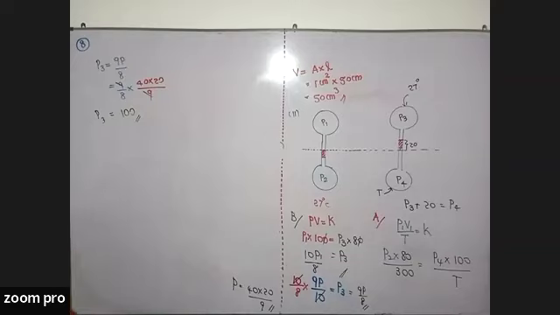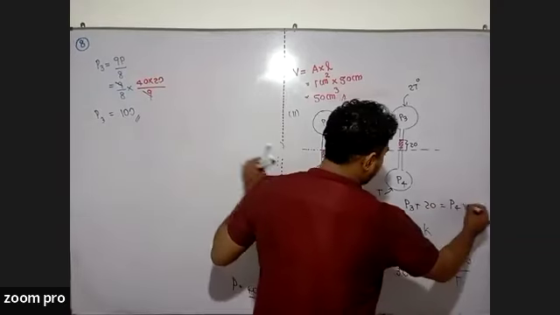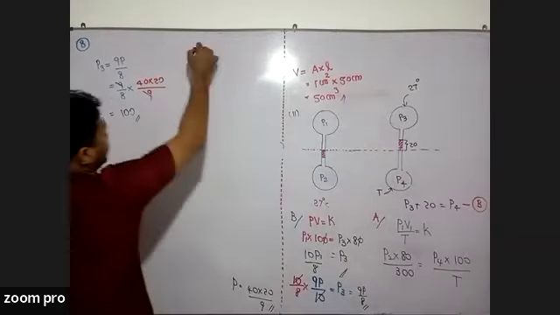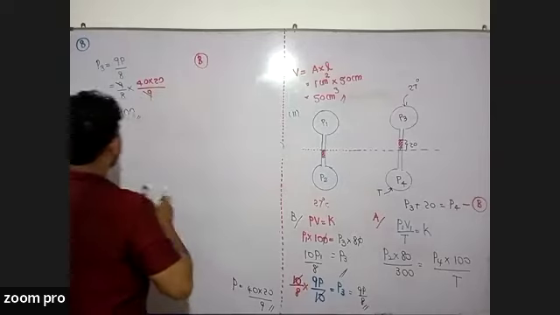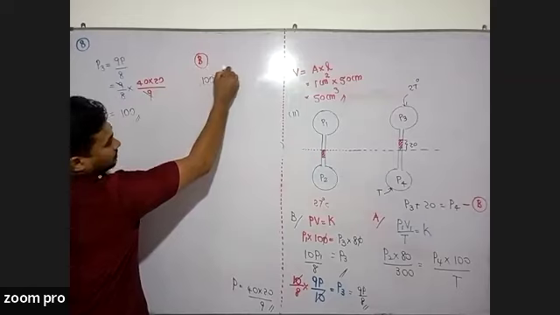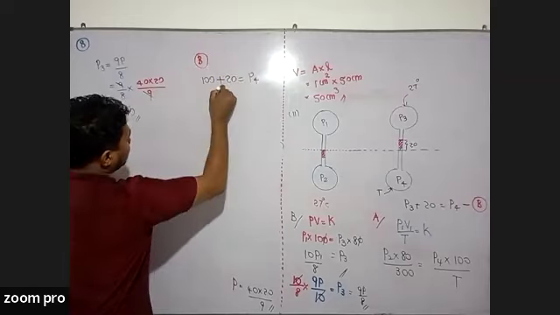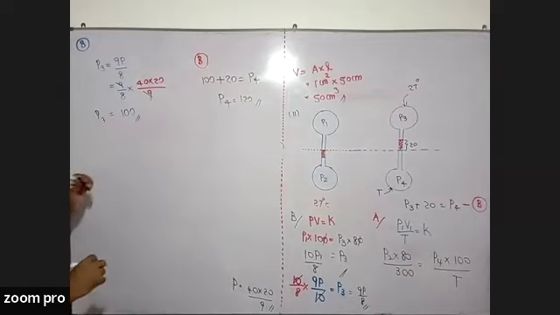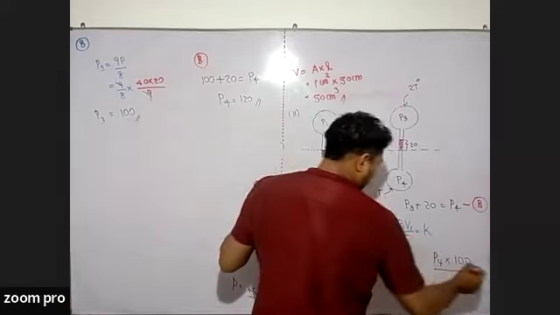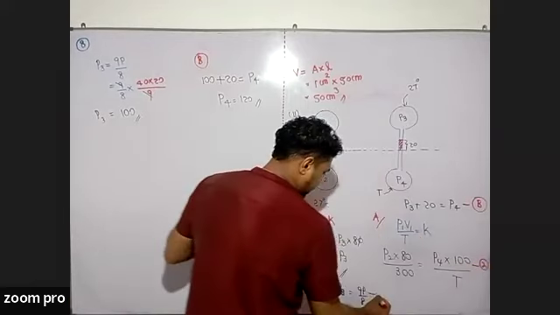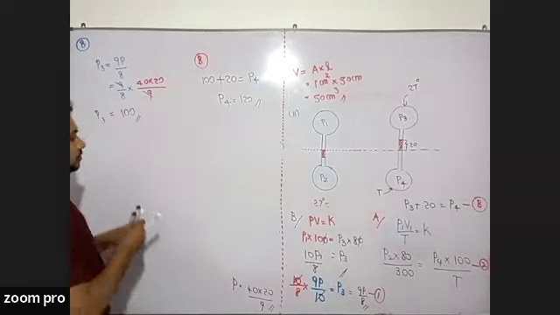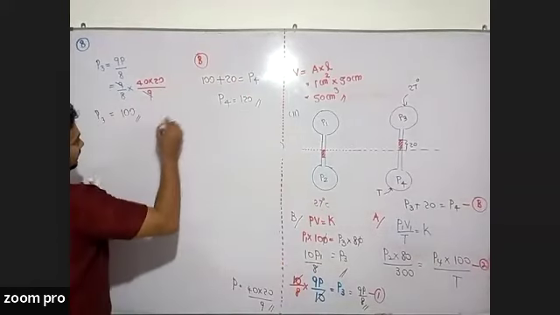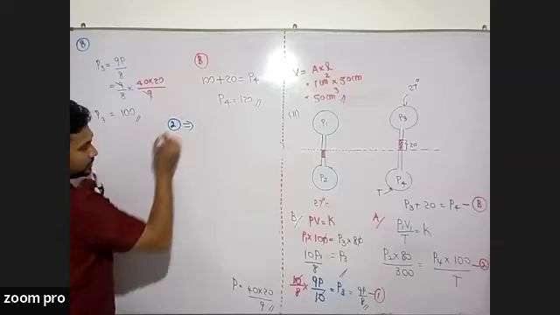So if the P3 is 100, then we can obtain a value for P4. Let's consider this equation as the B equation. Now, according to the B equation, P3 plus 20 equals P4. Then the value for P4 is 120, right? Now let's substitute the relevant values into the second equation.